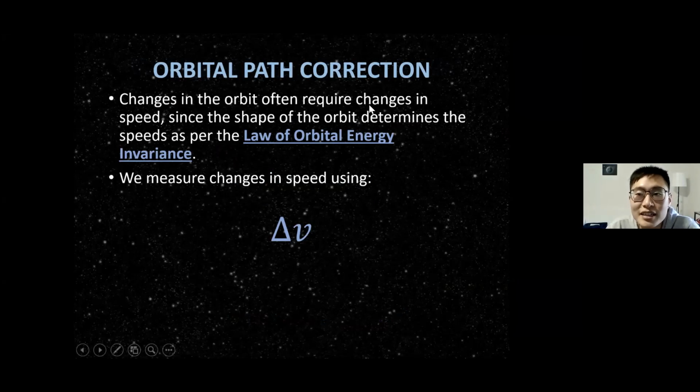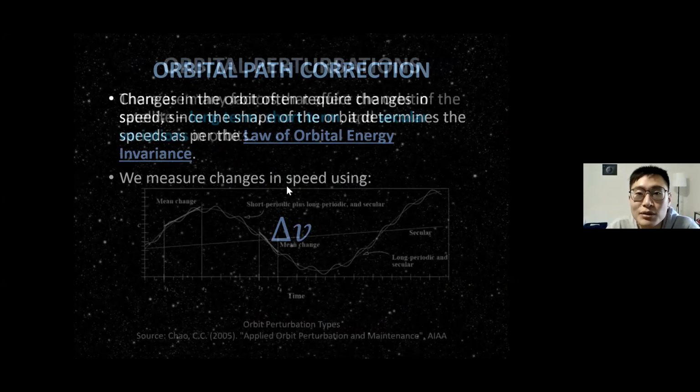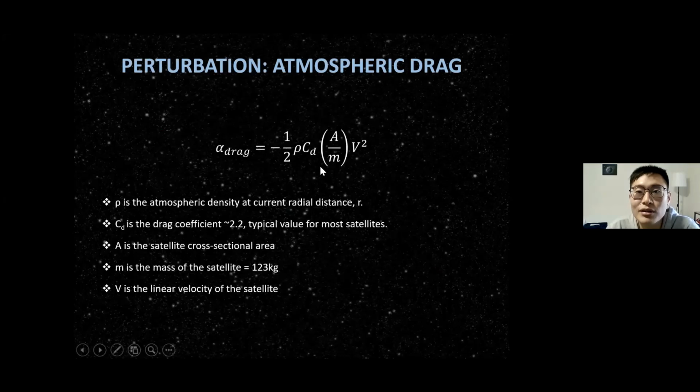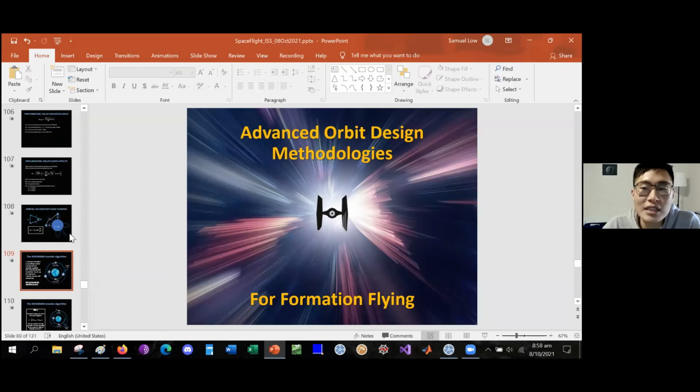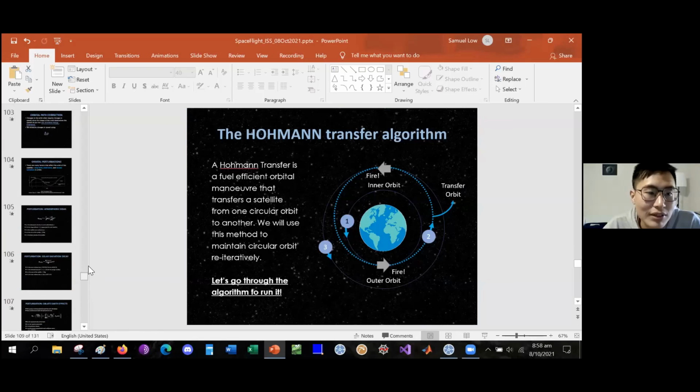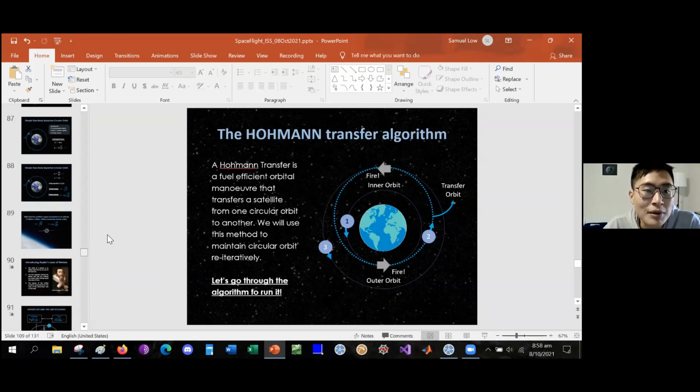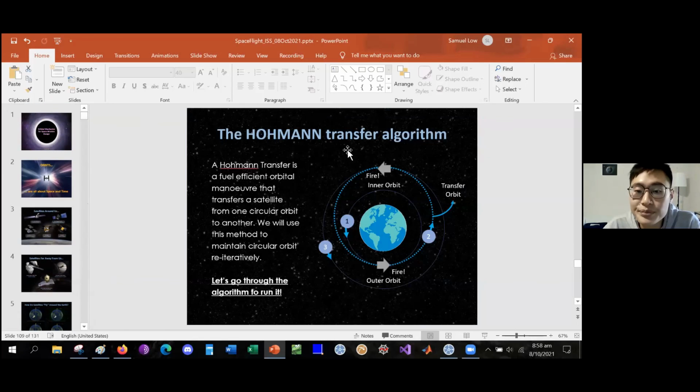Path corrections. Somebody was asking about path corrections. We were talking about perturbations. We talked about all the different perturbations. Talked about how we can do orbit transfers. So I will save that for maybe another time, perhaps. I think that is all I have, given the time I was given.